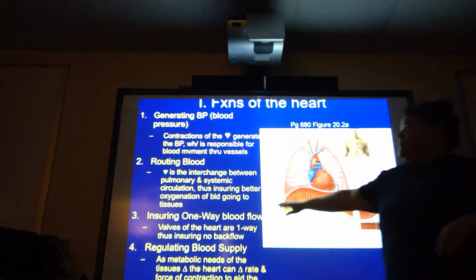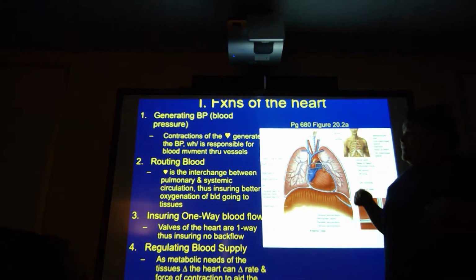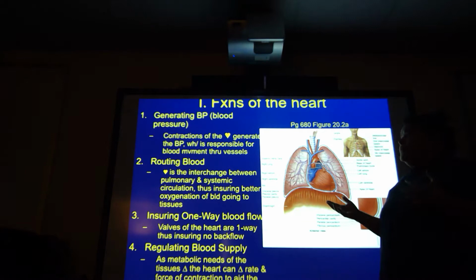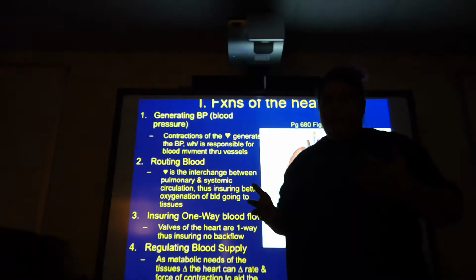Okay, routing the blood. The heart is the interchange between pulmonary and systemic circulation, thus ensuring better oxygenation of blood going to the tissues. You have to remember that your heart has valves that basically are the guarantee that it goes in one direction but never comes back, because it's like a trap door.